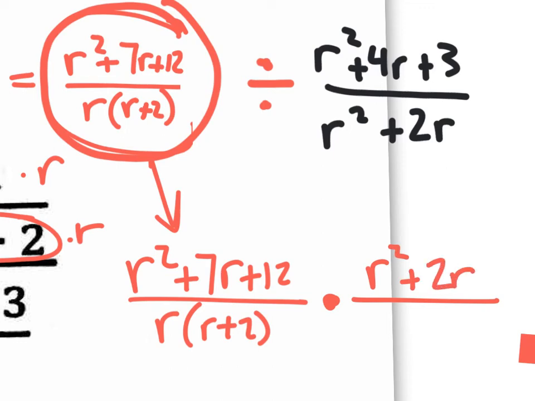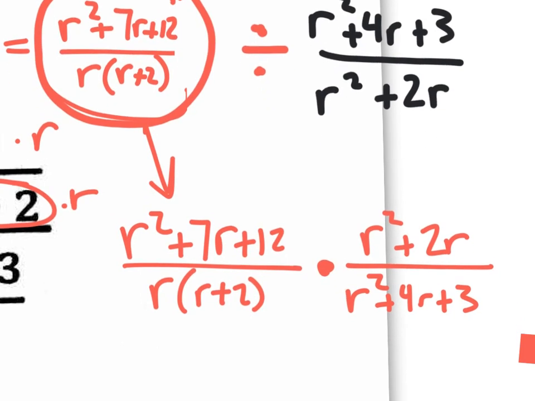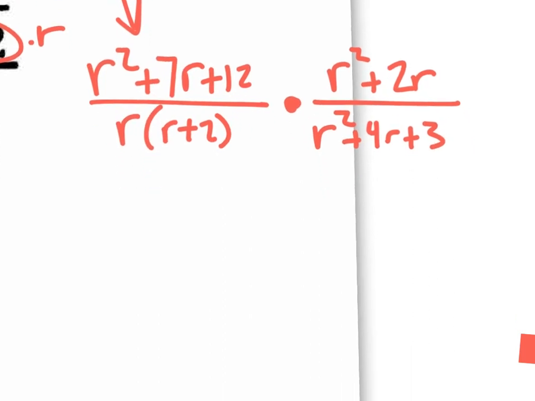And the r to the second plus 4r plus 3 is going to be on the bottom. Now we have two fractions that are being multiplied. And of course, we want to factor anything possible to be able to cancel things out. So let's rewrite both fractions, the multiplication between them, and let's factor.